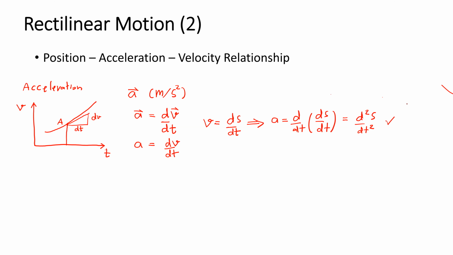We may be familiar with this, but another useful relationship that you may need to remember is the relationship between the velocity changing against the distance, and by the chain rule, you have ds by dt.